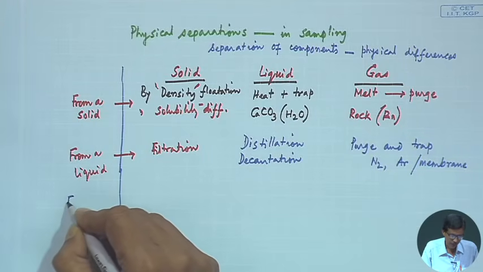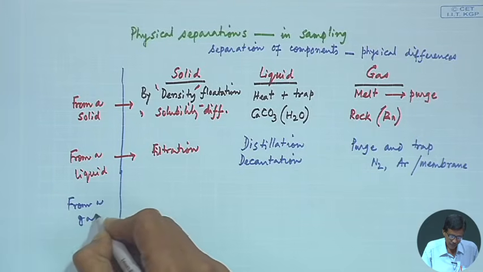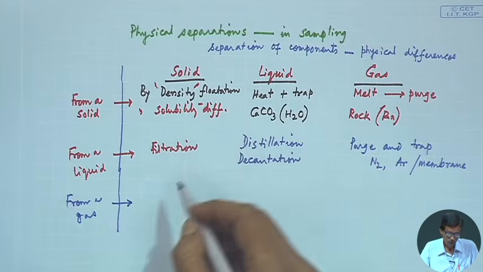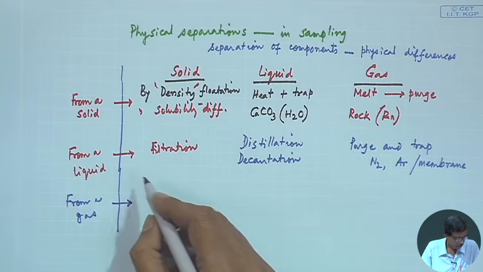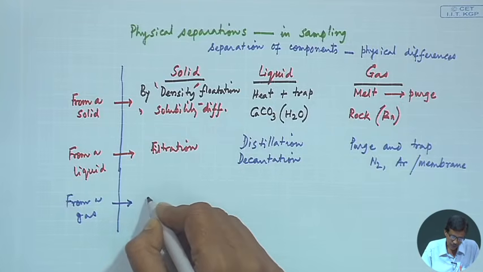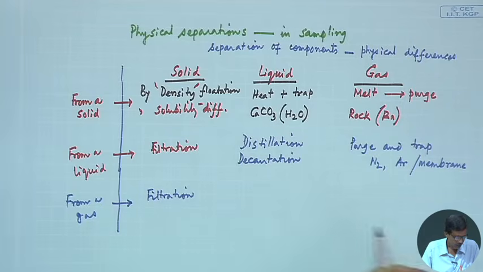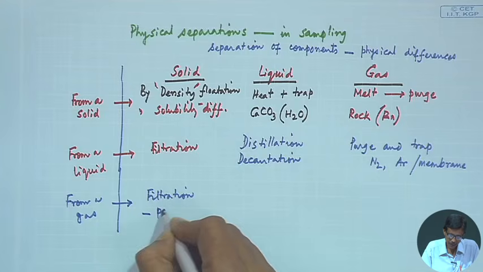And the last one is the separation from a gas sample. So, what we are doing for the sampling process, we want to now separate the solid from the gas sample. So, again a different type of filtration technique will be used. So, solid we can have the suspended particles.